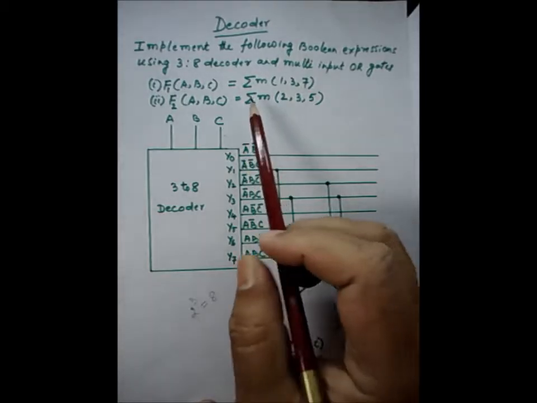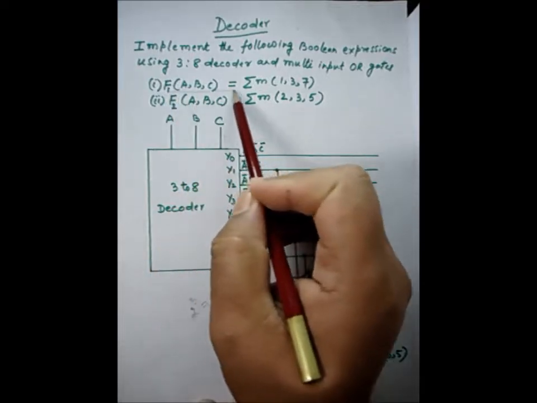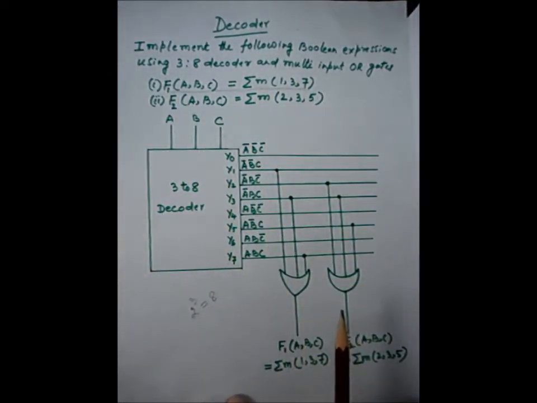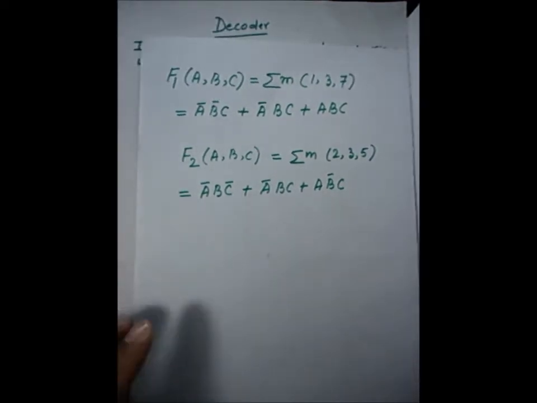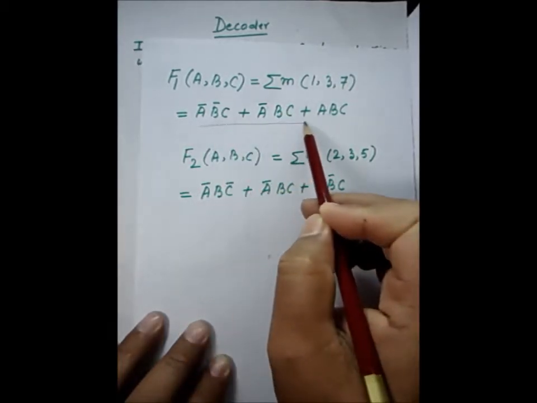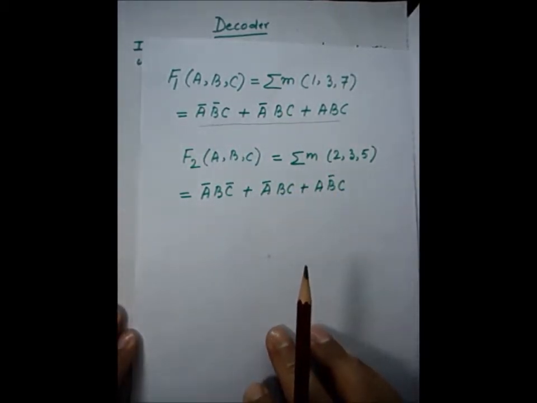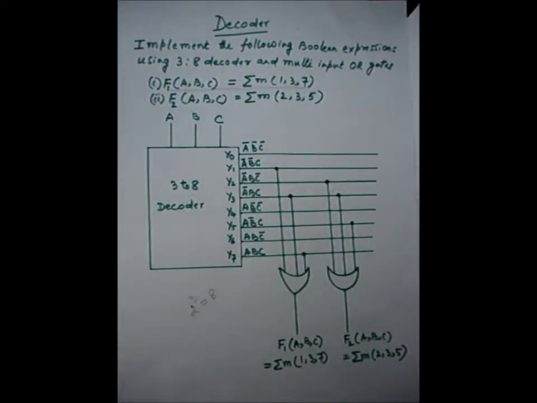If we come to the implementation of a particular Boolean function, what is given here is a 3-variable Boolean function, and therefore I can write it in this form: M1, M3 and M7. I want to implement this Boolean function in this decoder, and I will explain the circuit I have drawn here.